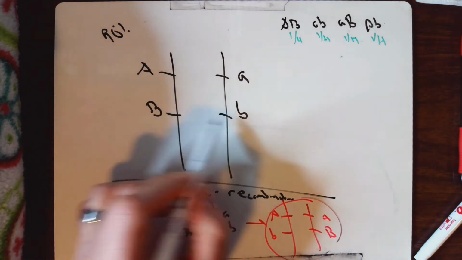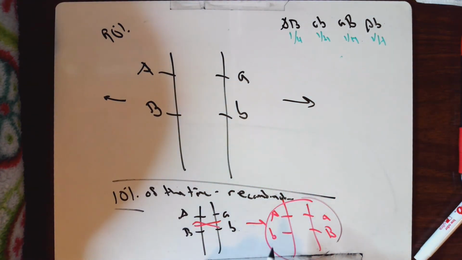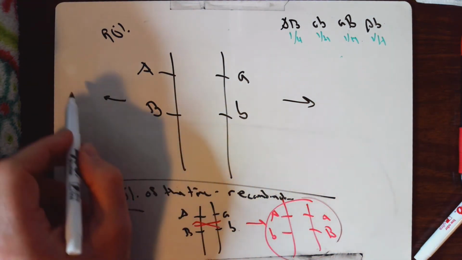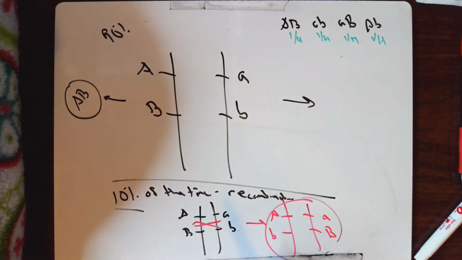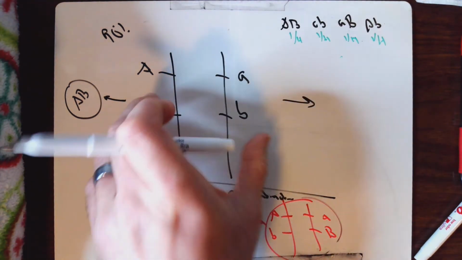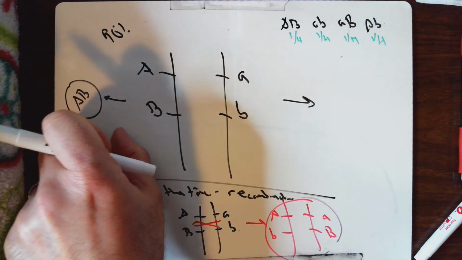If 90% of the time we get this, and then we go through meiosis 1 and meiosis 2 and pull these apart, what percentage of time do you think we're going to make gametes that have dominant A with dominant B? And I'll give you a hint. 90% of the time, we get all of this. So what percentage of the time are we going to get half of it?